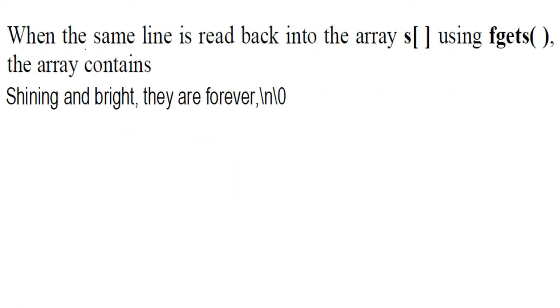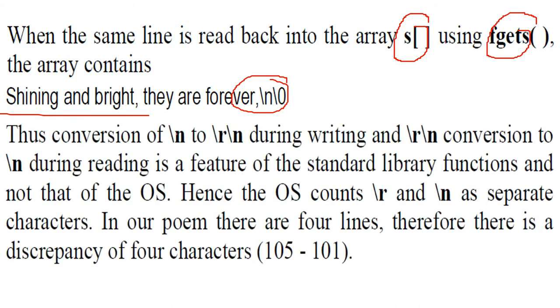So when the same line is now read back into the array, say this buffer as a character array, if you use fgets, the array will contain not \r\n but \n\0, so there is a conversion of \n to \r\n and then again \r\n to \n. This is the feature of the standard library function, and this is not the feature of the operating system.